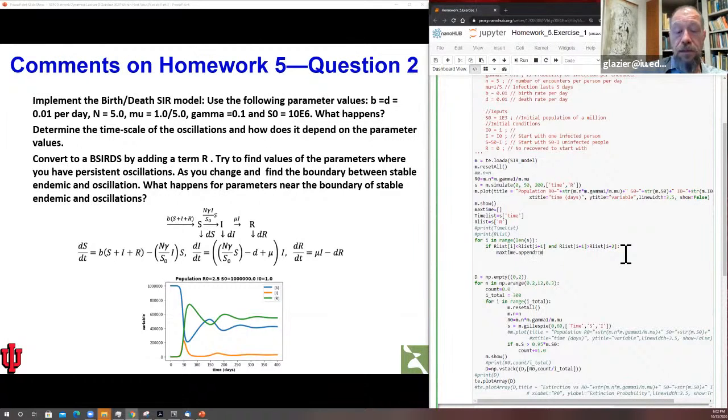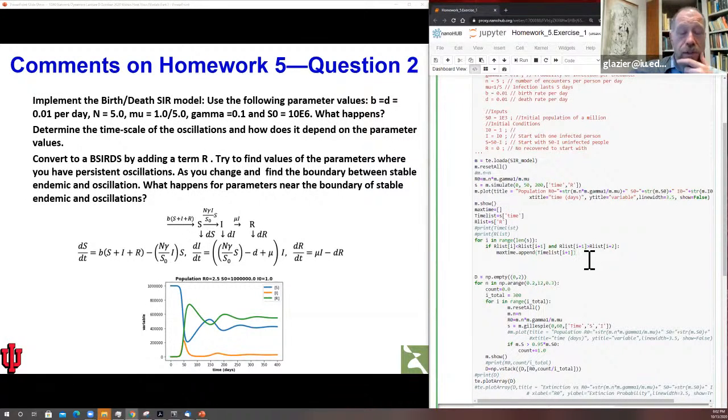So it would be time list, square bracket I plus 1. So now we'll have a list of all the times at which we were a local maximum.